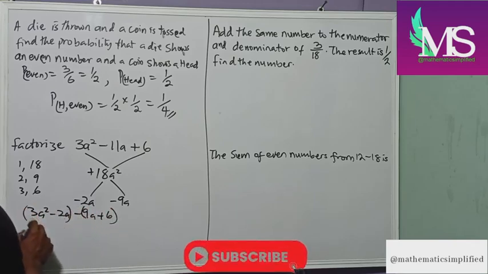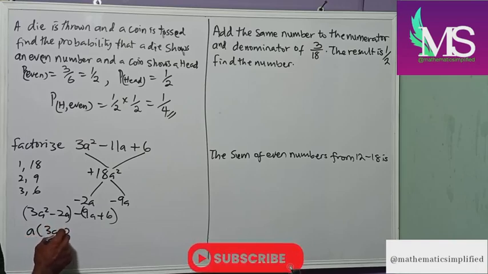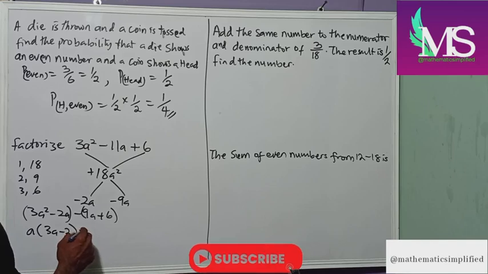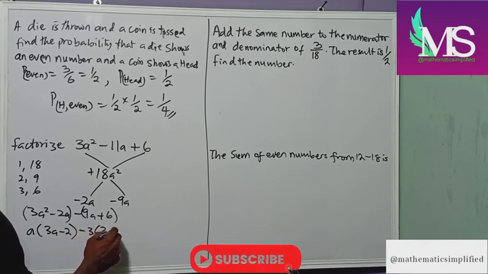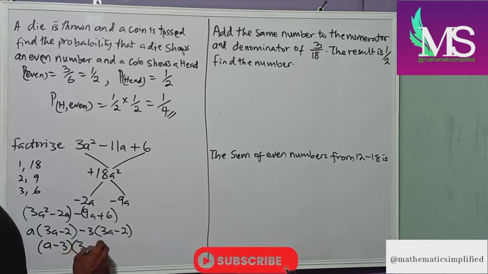Alright, grouping these two. What's common here? a is common, bringing out a, and we have 3a minus 2. Alright, what's common here? Minus 3 is common here, bringing out 3a minus 2. So our factors become a minus 3 and 3a minus 2.